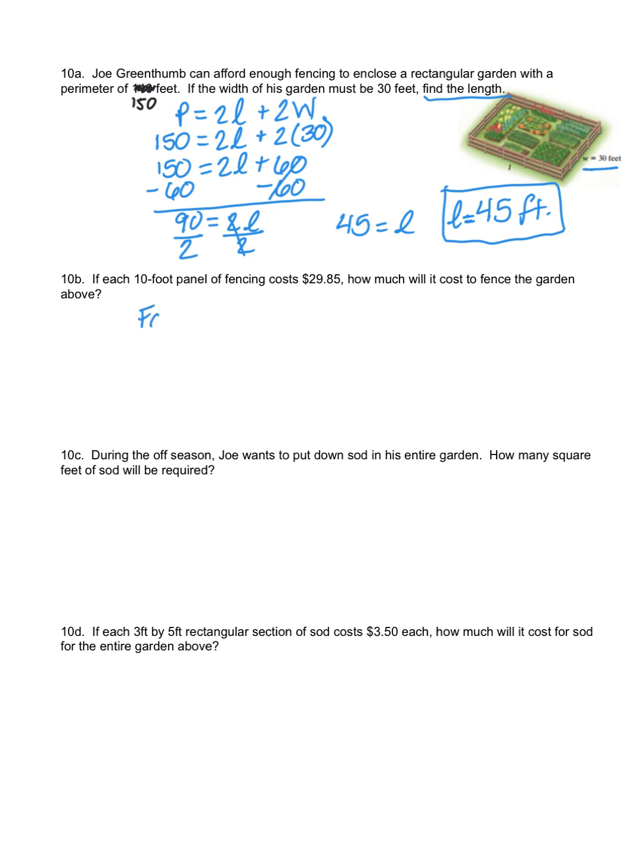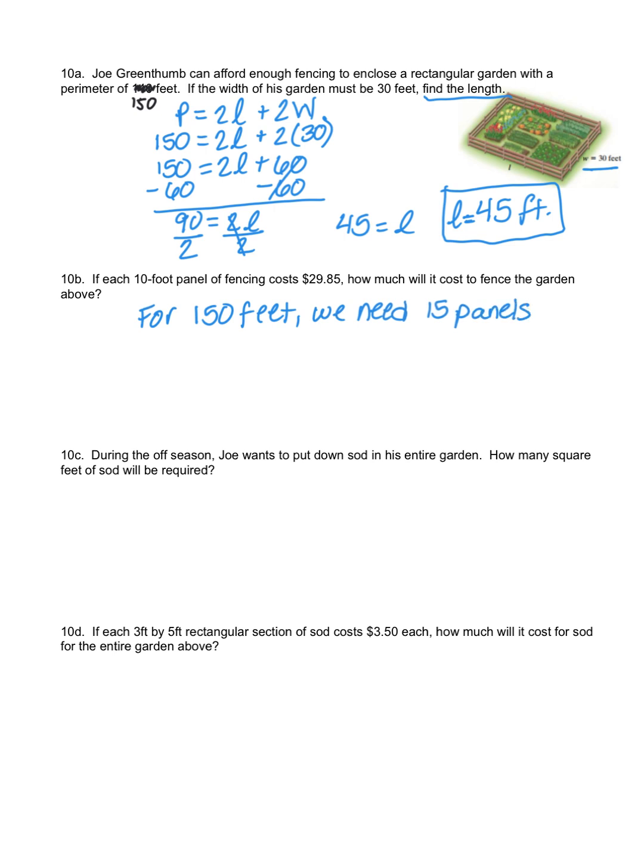So for 150 feet, we will need how many of those 10-foot panels? We would need 15 panels, right? Because 150 feet divided by 10 would give us 15 panels.